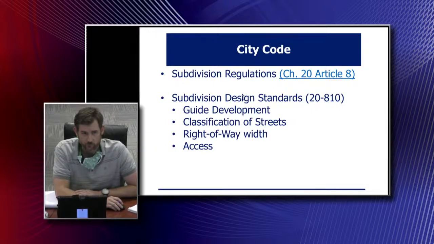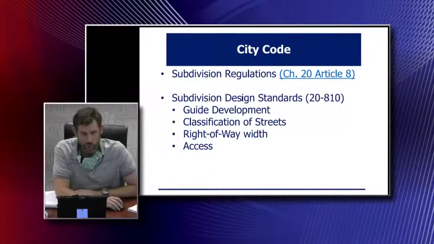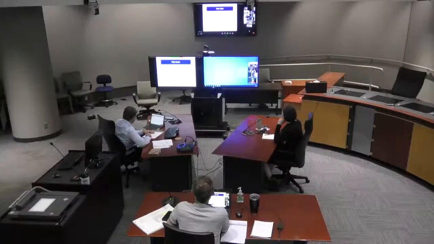We use the classification of the streets and the major thoroughfare plan as a starting point to delineate, as the community grows and extends its street network, what are the appropriate streets to build to serve development, with arterial and collector streets, and then local streets to connect to collector streets. So there's some guidance there in our subdivision regulations that help guide development for design.